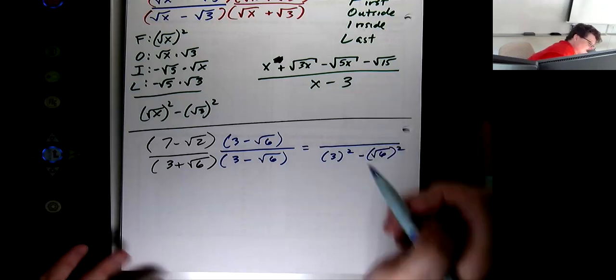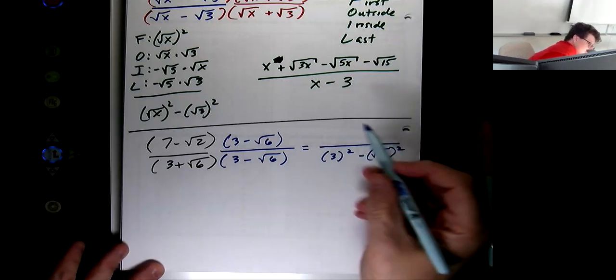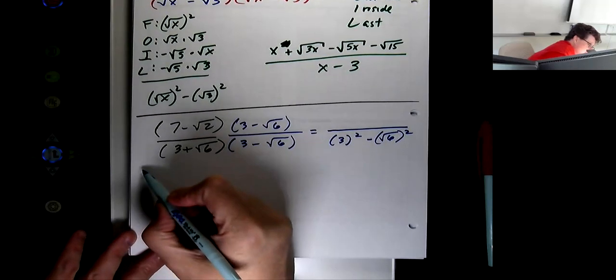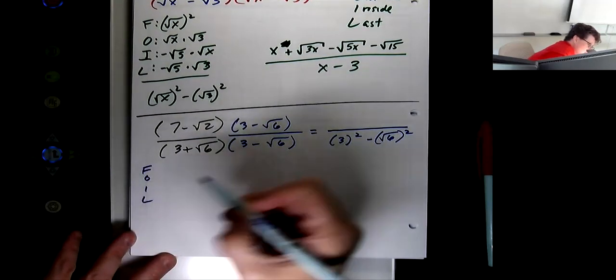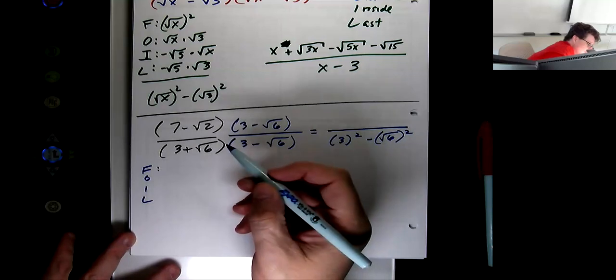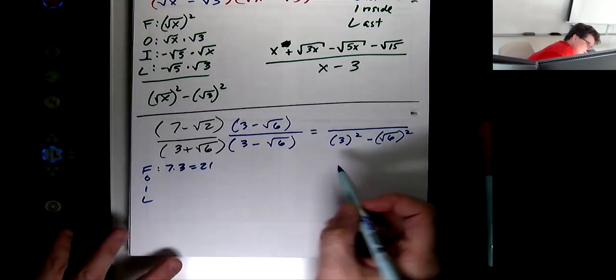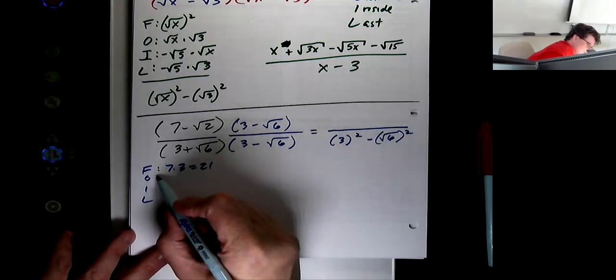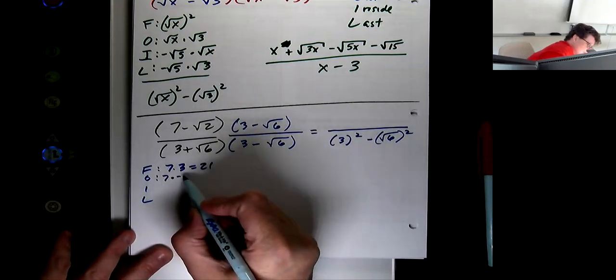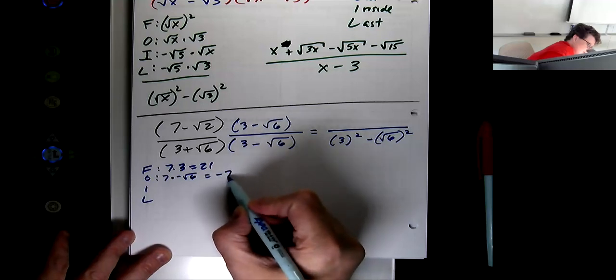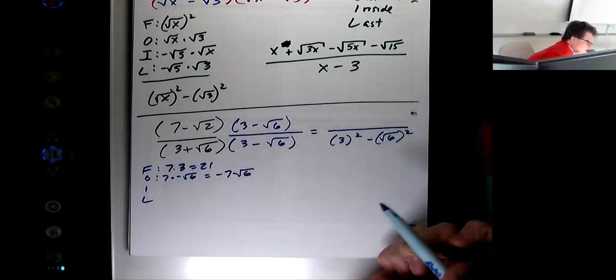What about the top? You FOIL here. 7 times 3 is 21. Outside is 7 times negative root 6. So there's not a lot we can do with that. You can't put the 7 inside, you gotta leave it outside.